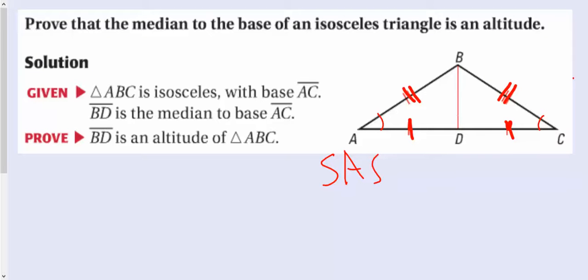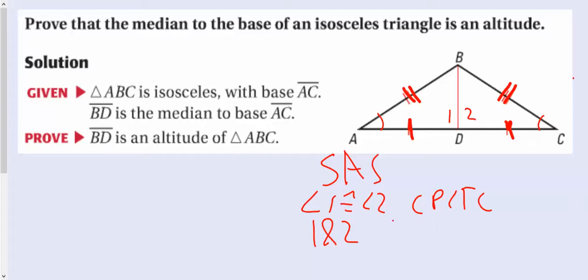And then to show that it's an altitude, we have to show that angle 1 and angle 2, one of those has to be a right angle. Well, we know from CPCTC, angle 1 is congruent to angle 2. And we know that 1 and 2 form a linear pair.